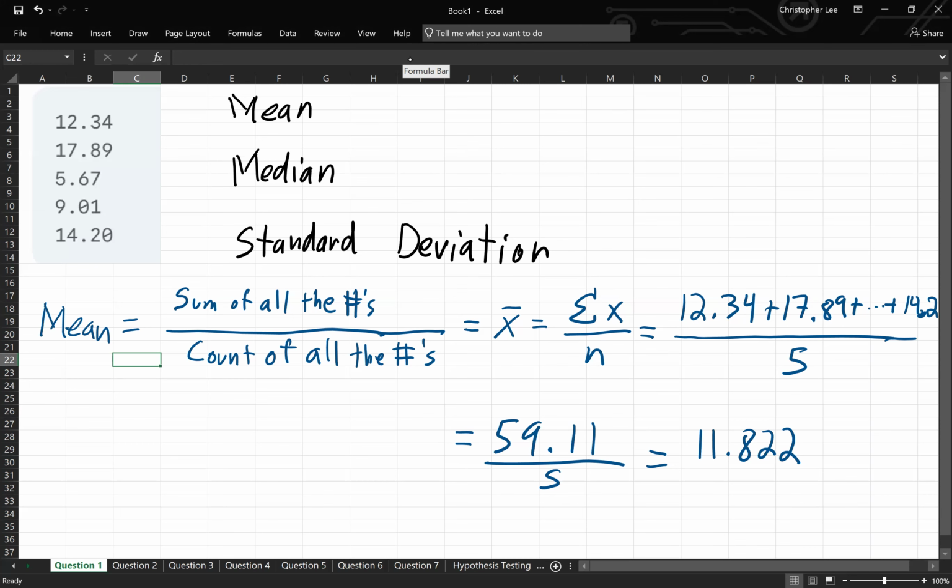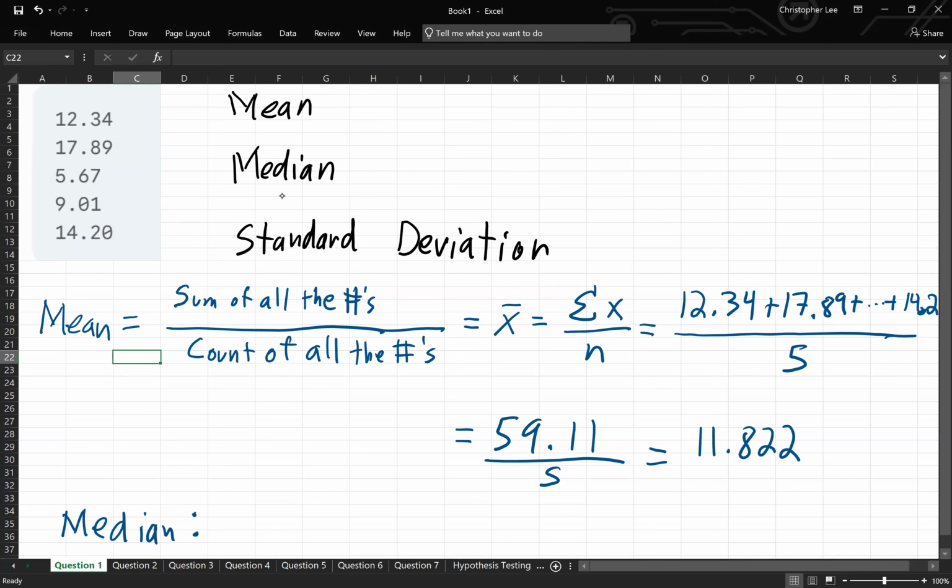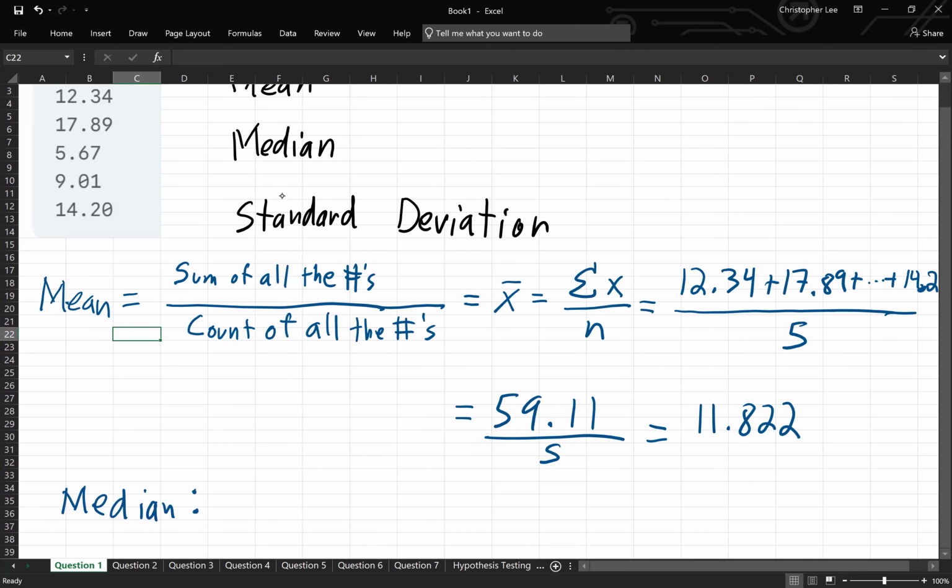All right. So now I want to find this other thing called the median. How do I find the median again? I forgot. Good, good. After arranging from smallest to largest, I just choose the middle number, right? So let's see. I got 5.67. What's next? 9.01.